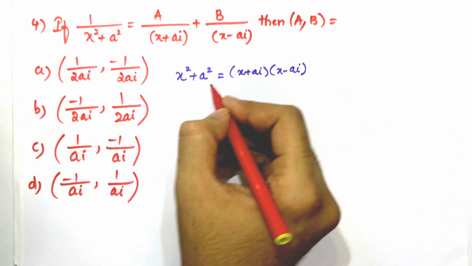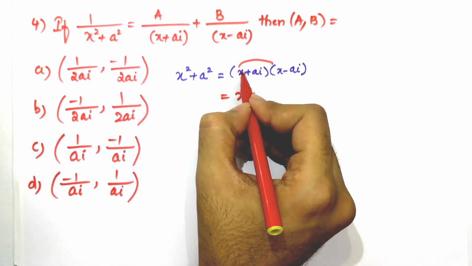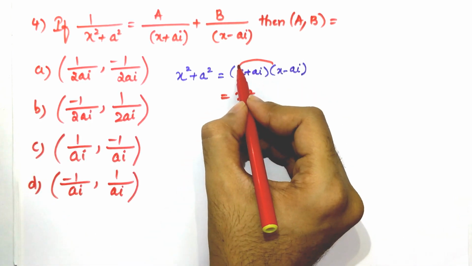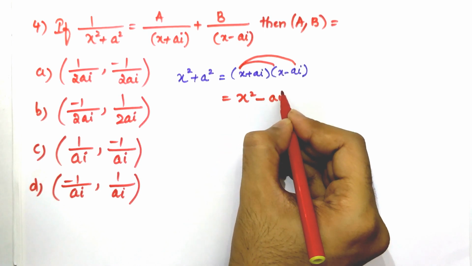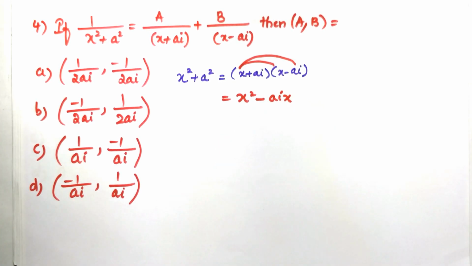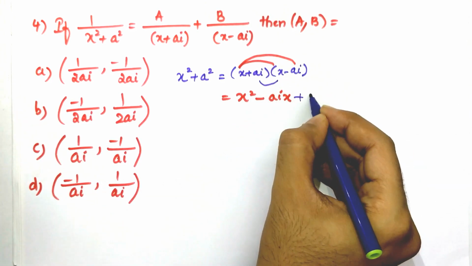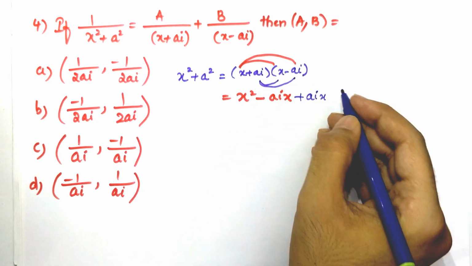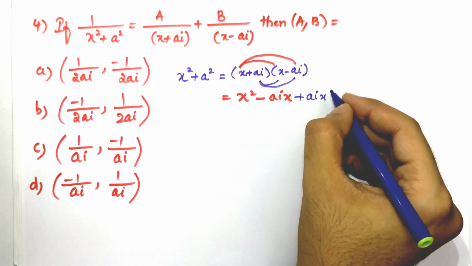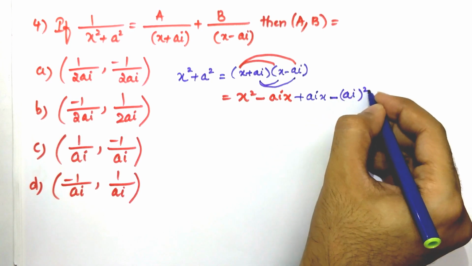Now open this. x into x is x square. x into minus ai is minus aix. Fine. Now ai into x is plus aix, and ai into minus ai is minus a square i square.